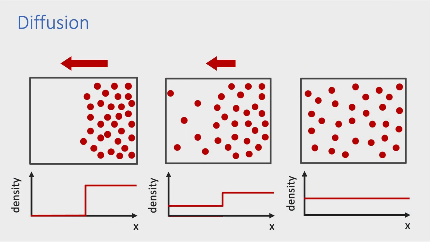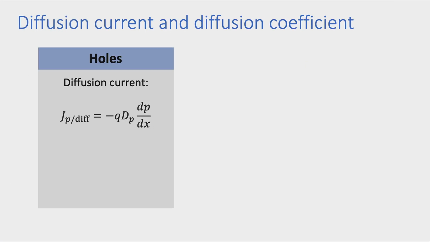How can we calculate this current? Let's start analyzing the holes this time. The hole diffusion current density is proportional to the concentration gradient of holes, dP over dx. You can notice that the current is negative with respect to the gradient dP over dx. This makes sense because the holes flow from high concentration to low concentration.